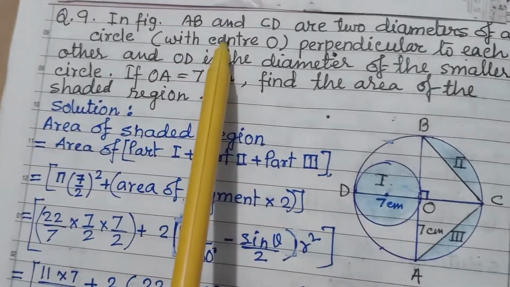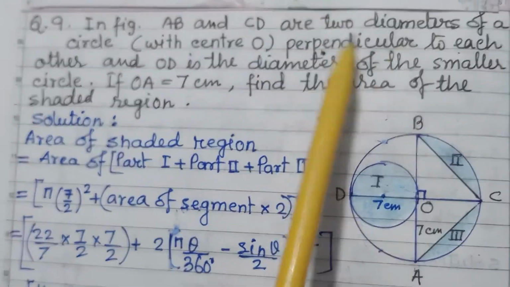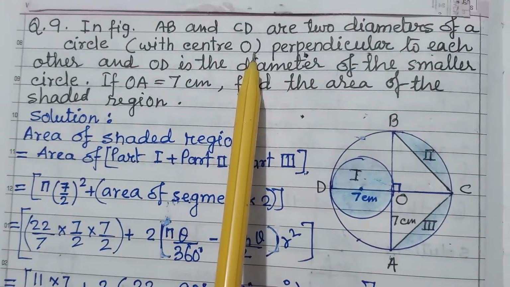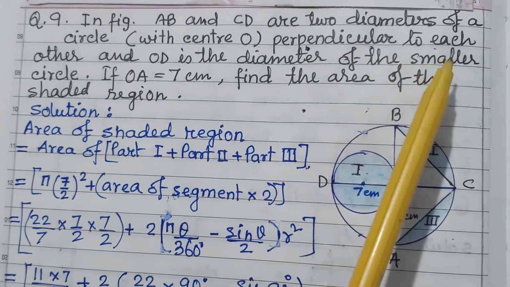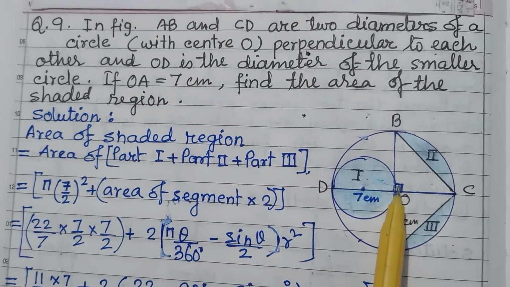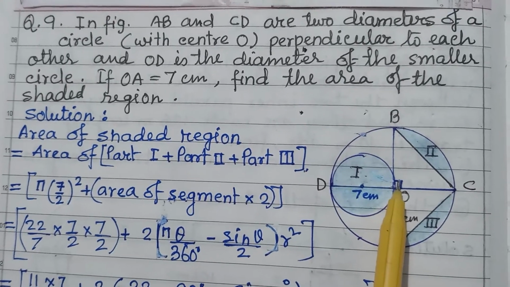Next question: in the figure, AB and CD are two diameters of a circle with center O, perpendicular to each other.